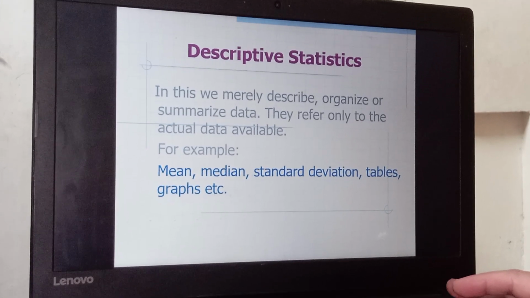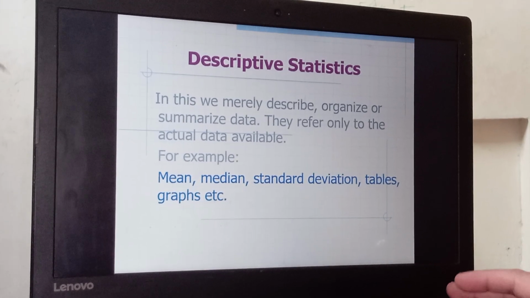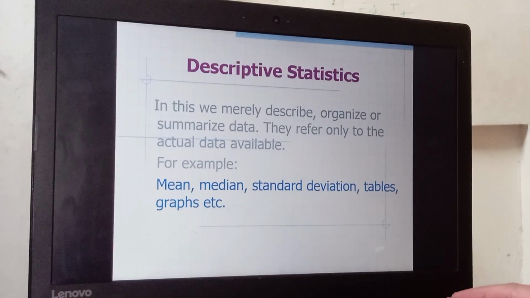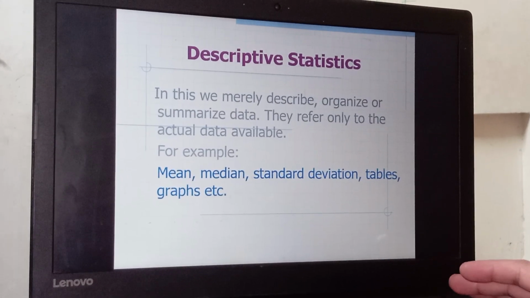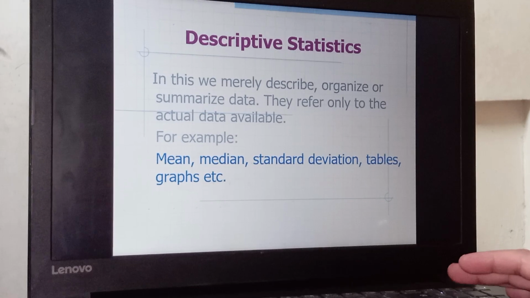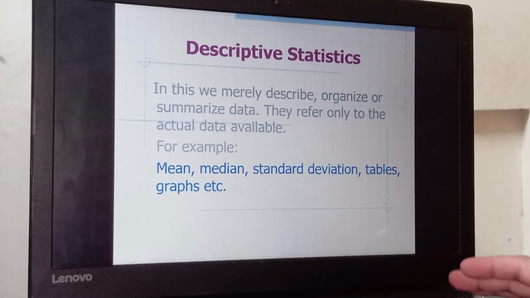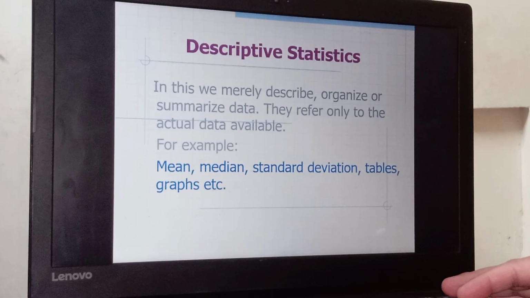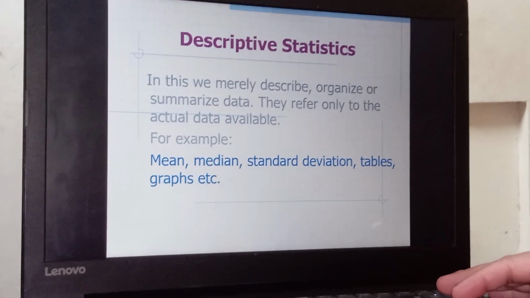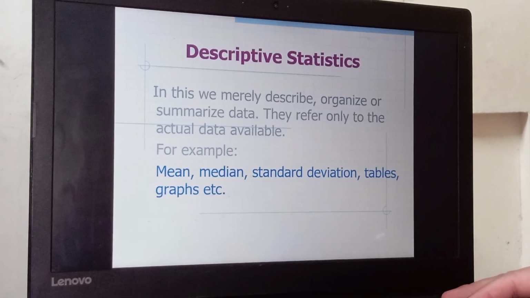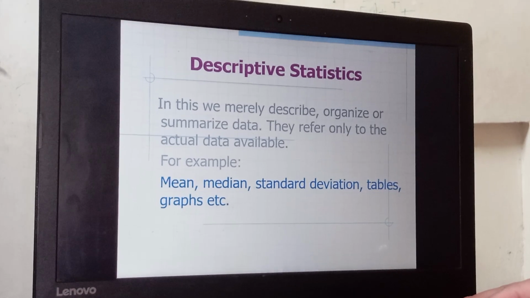Measures of central tendency include mean, median, and mode, and measures of dispersion include calculation of standard deviation, range, interquartile range, and variance, etc. Whenever we calculate mean, along with mean we calculate standard deviation.